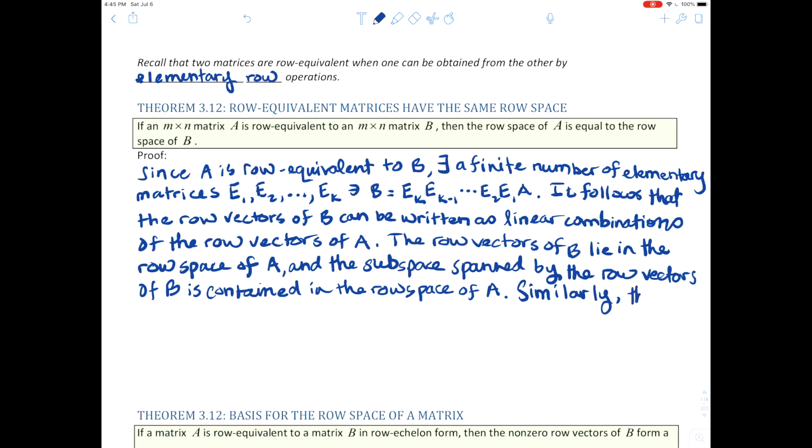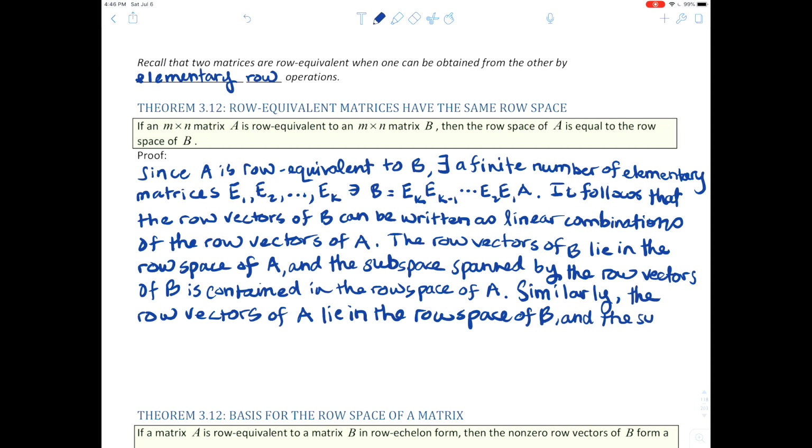The row vectors of A lie in the row space of B, and the subspace spanned by the row vectors of A is contained in the row space of B. So we've just shown that the row space of A is a subspace of the row space of B.